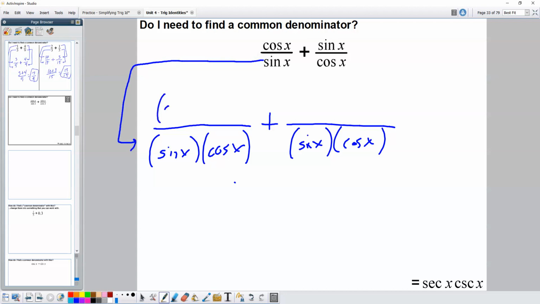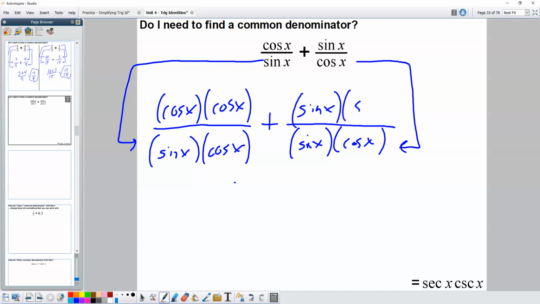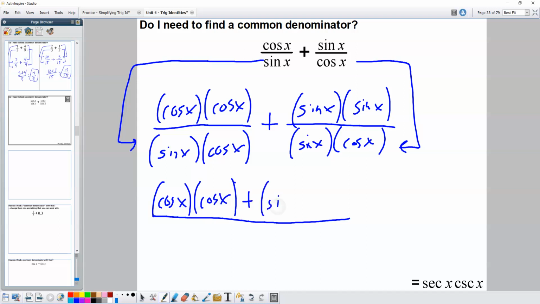So I'm going to take that cosine that's up there, and I'm going to multiply by a cosine of x. And then from here to here, I multiplied by a sine of x. So I'm going to take the sine of x that's already up there and multiply by another sine of x. So I have all of this stuff, cosine of x plus sine of x over sine of x cosine of x.